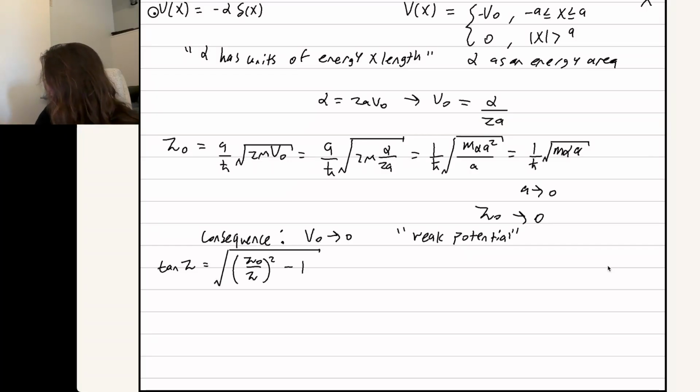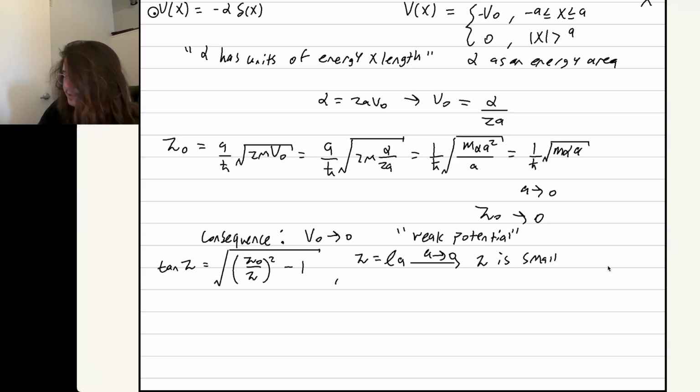Since z is defined as l a, and we're letting a go to a really, really small number, we can say that z is small, and so we can Taylor expand tangent of z.